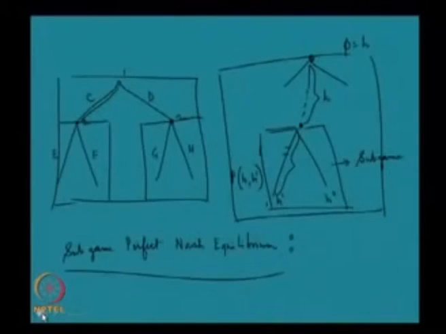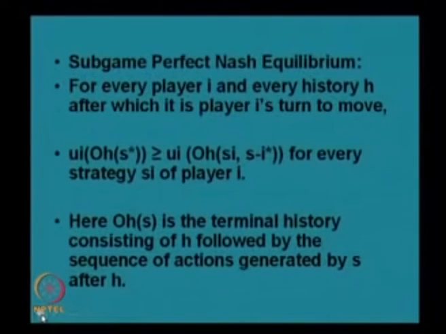So, that is what one means by subgame perfect Nash equilibrium. But remember, what I have done so far is just an illustration, the vague definition. Now I shall go to a more concrete and methodical definition.